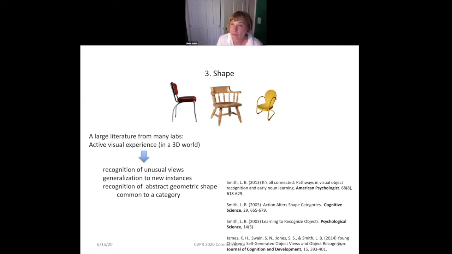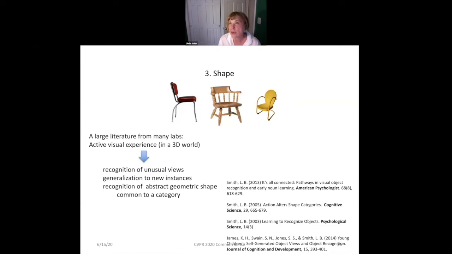There's no deep understanding at the neuroscience level either of exactly what makes us see things as having the same shape. But we do know from many, many different labs, not just my work, that active visual experience in the 3D world is what enables toddlers to recognize objects from unusual views.